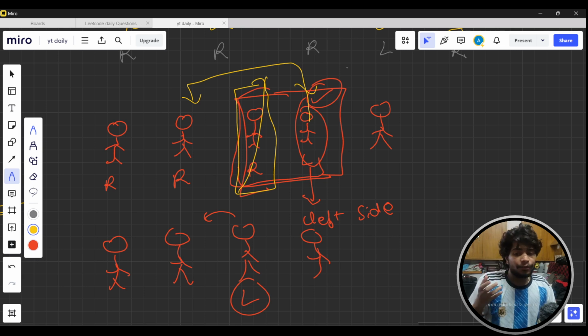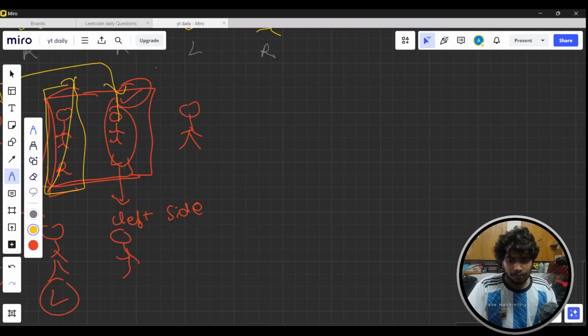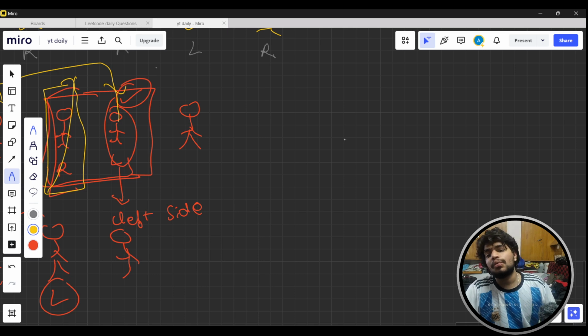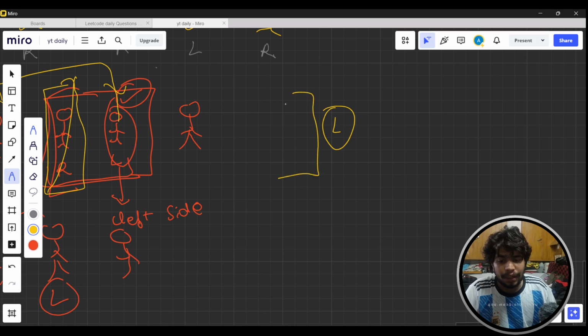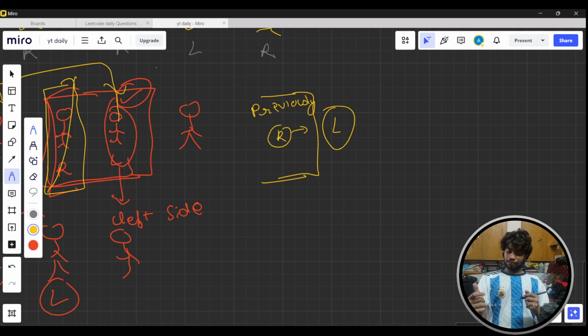So what kind of data structure can I use to replicate this kind of thing? When a robot is moving in left direction, it can collide with the robots present previously, which are moving in right direction.